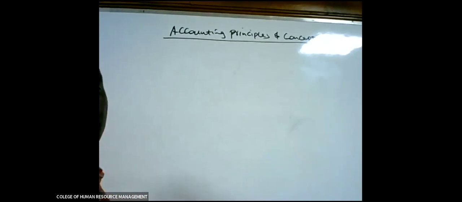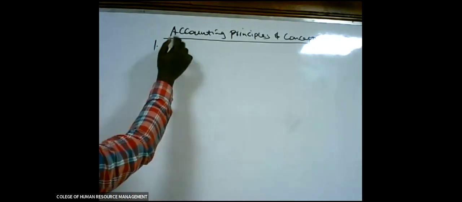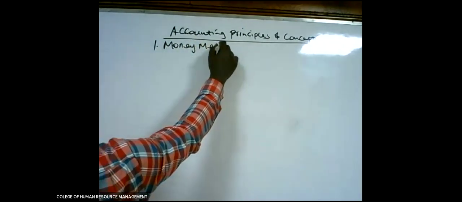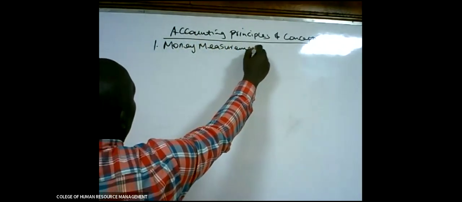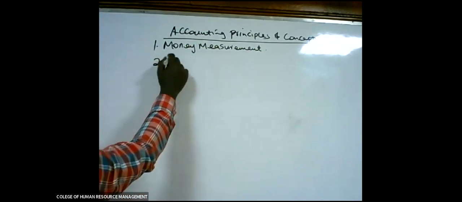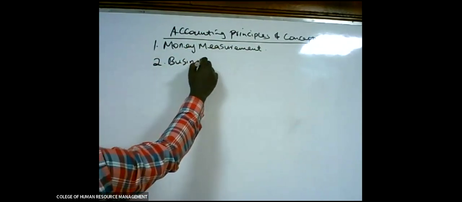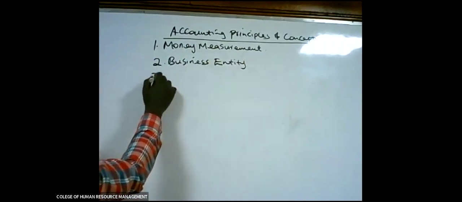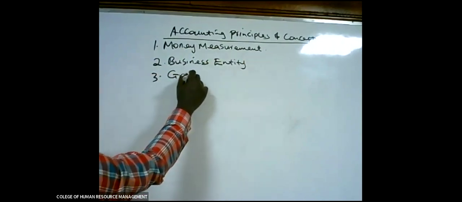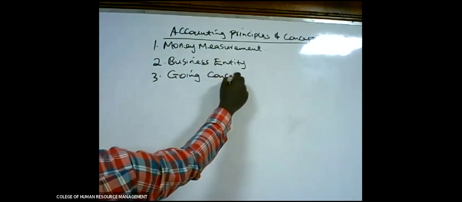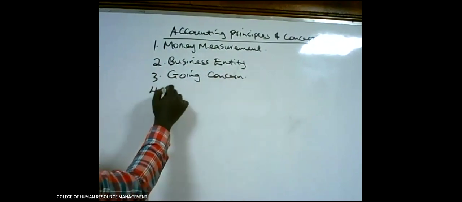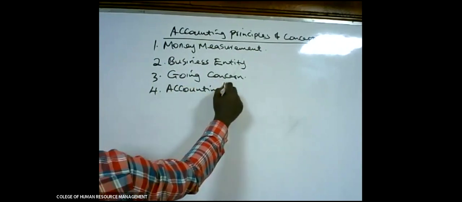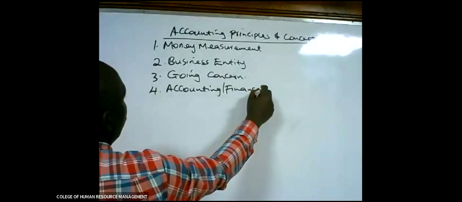The accounting principles and concepts. Number 1, we have the money measurement. Number 2 is the business entity. Number 3 is the going concern. Number 4 is the accounting period, also known as the financial period.